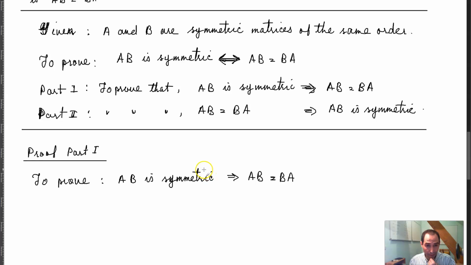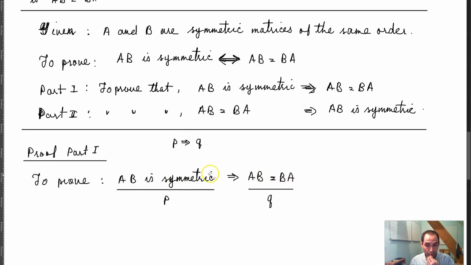Now, this is in the form P implies Q. You can take this statement as P, and this statement as Q.